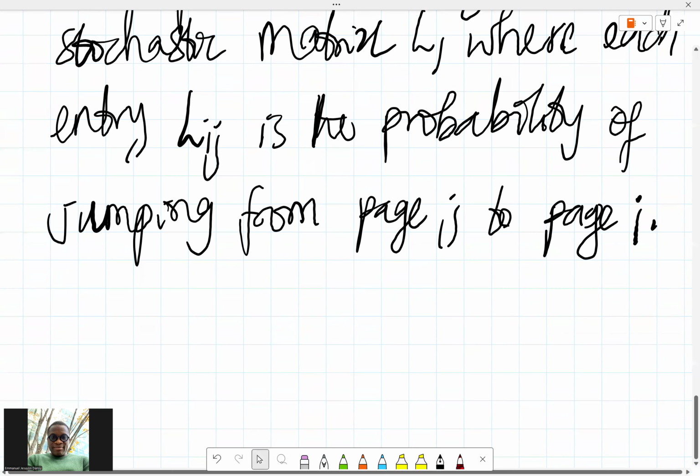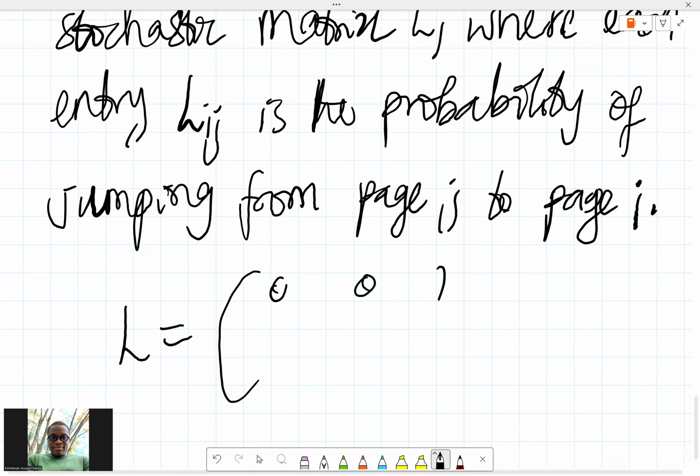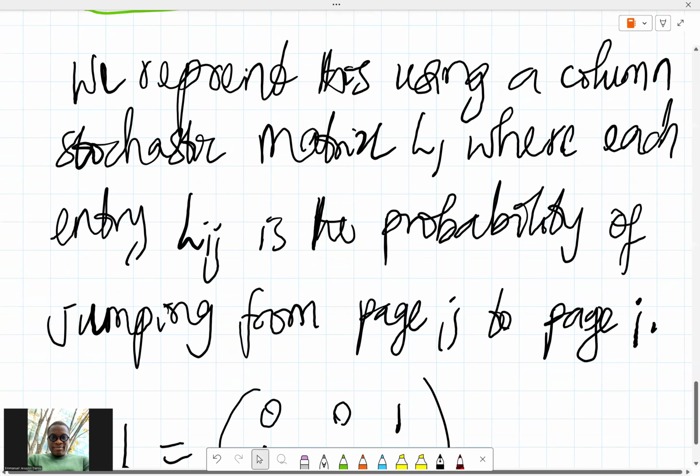Okay, so now L is given as this: 0, 0, 1, then half, 0, 0, and then half, 1, 0. Okay, so that's what we have here.